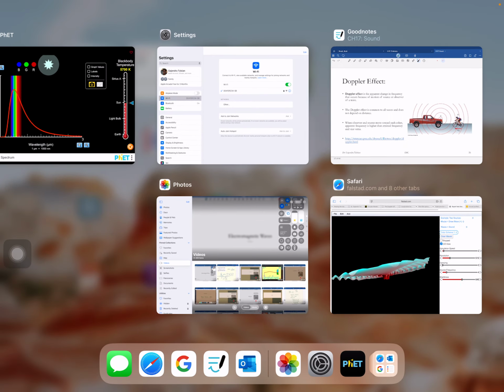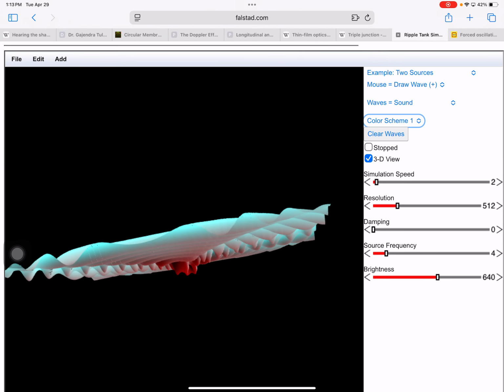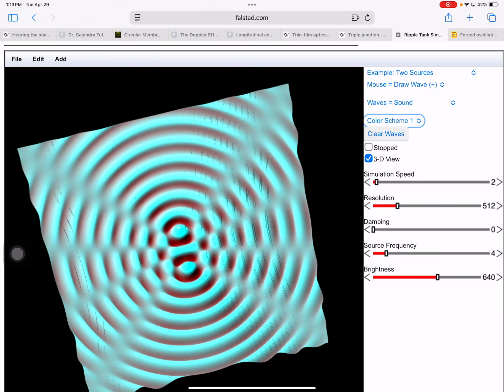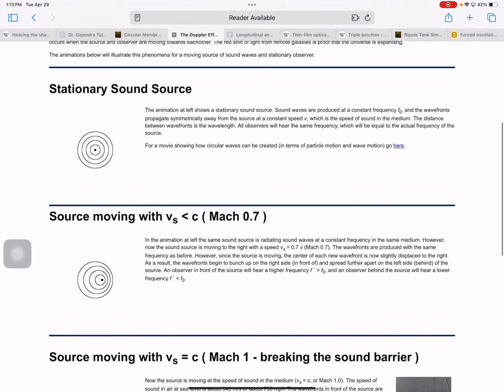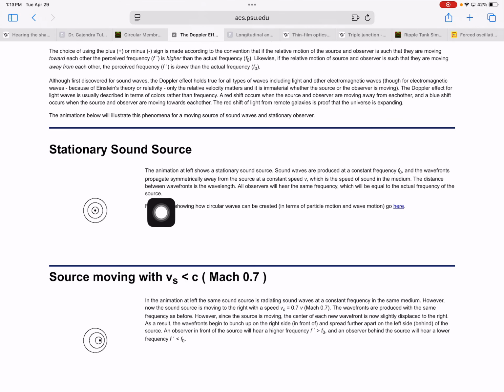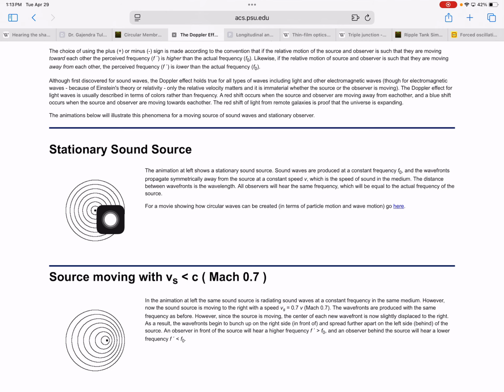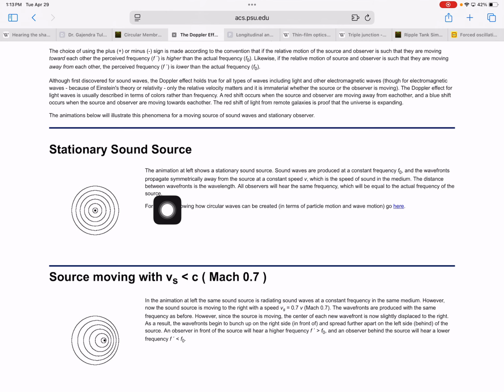All right, so let me show you how this is happening. Here's a stationary source, and if you're standing here, let's say it's producing 100 crests a second, and if you're standing there, 100 crests a second will pass you.